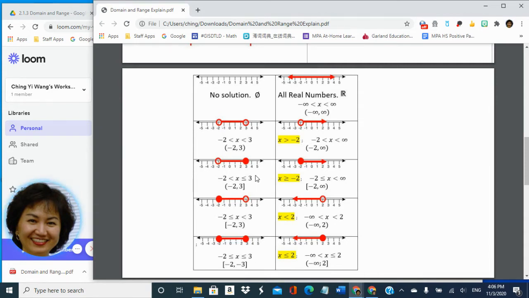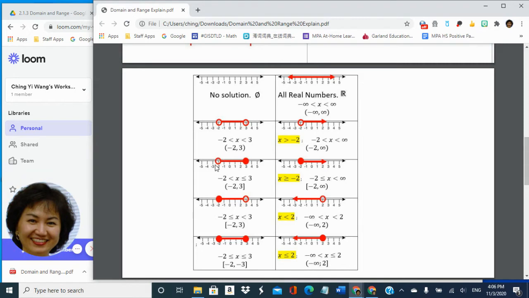But look at this example. Because your data allows 3, you have less than or equal to 3. Then this circle has to be filled in, shaded. It has to be a solid shaded circle. Make sure you're very careful drawing these circles at the boundary point.